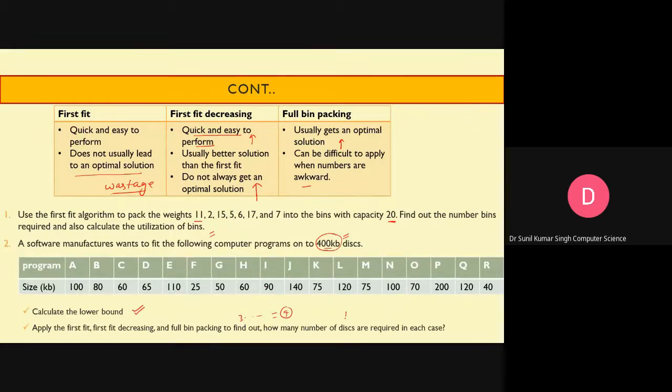When you apply first fit, you will probably find the minimum required number of disks to be 5, I think. You can check. Then FFD, hopefully it will come 4, and full bin packing also it will come 4.